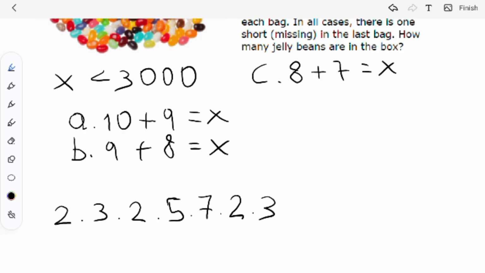And the last step is to make it a multiple of 10. This product is already a multiple of 10 because we have 2 times 5. So this number is a multiple of the numbers 2, 3, 4, 5 up to 10.